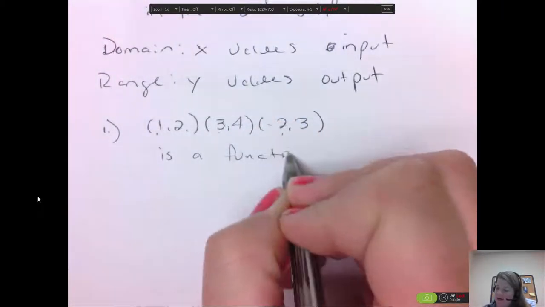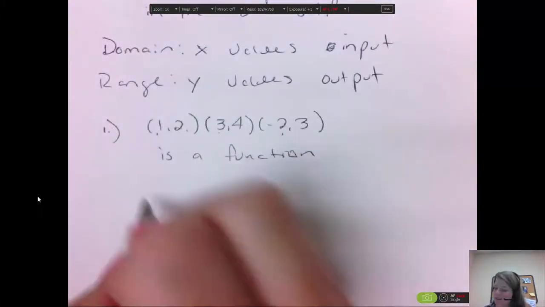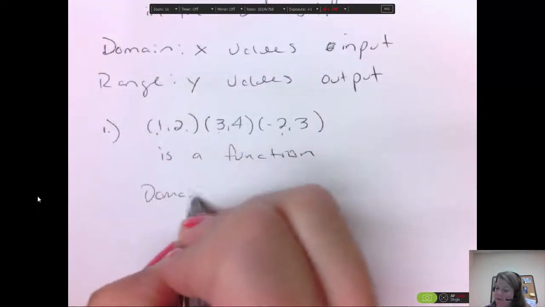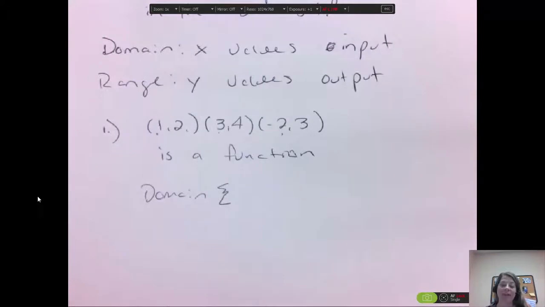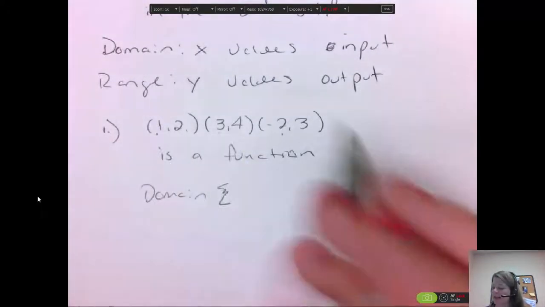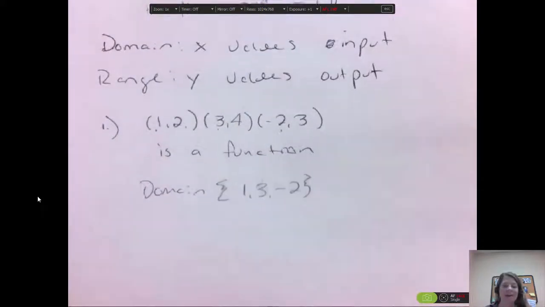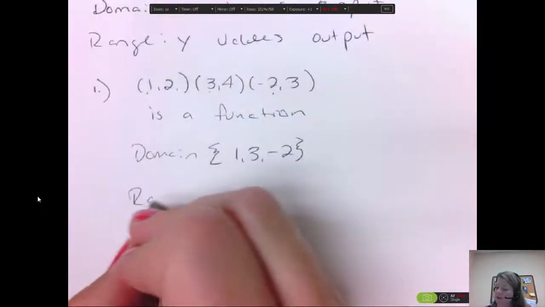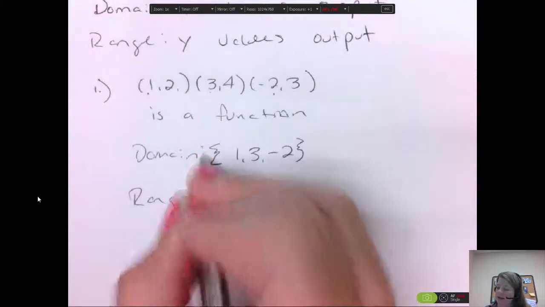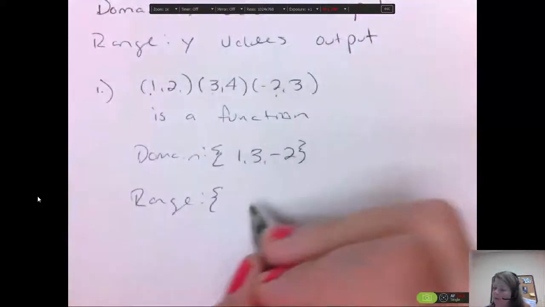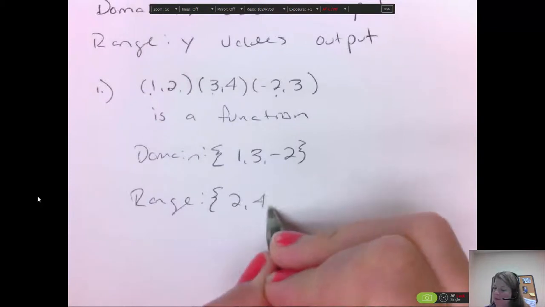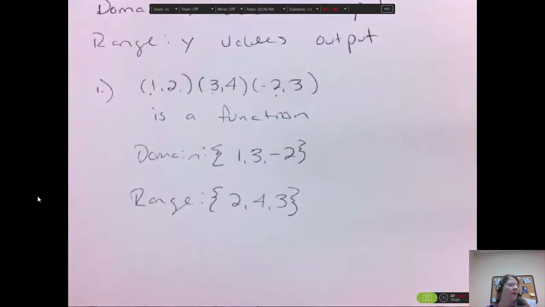And if I wanted to go even further, because it is a function, what's the domain? Well, the domain is going to be the set of values, because we have specific values of all the x's, 1, 3, and -2. Those were the values of x. What is going to be the range? What did we get out? We got out 2, 4, and 3. All right, so domain, range, x, y.